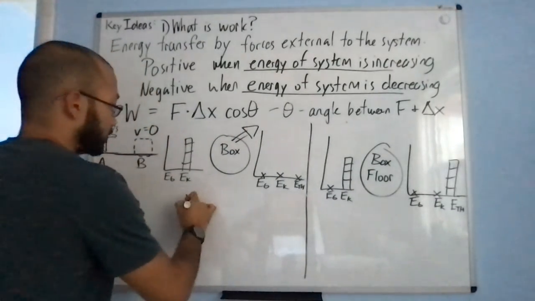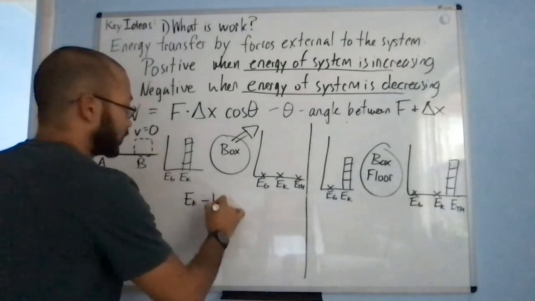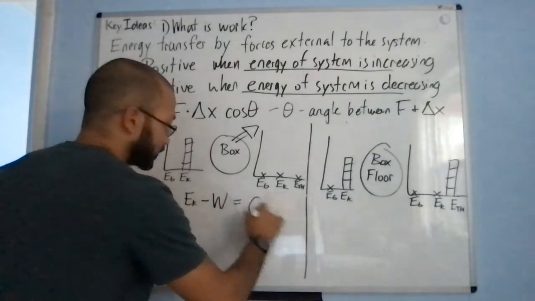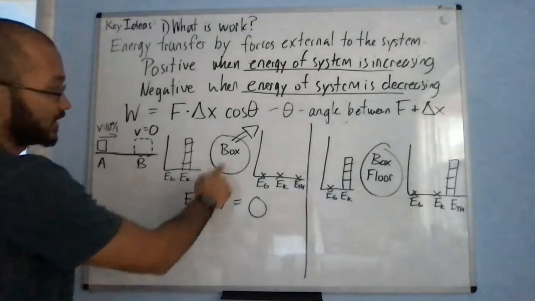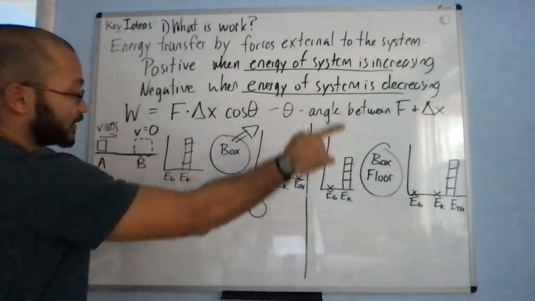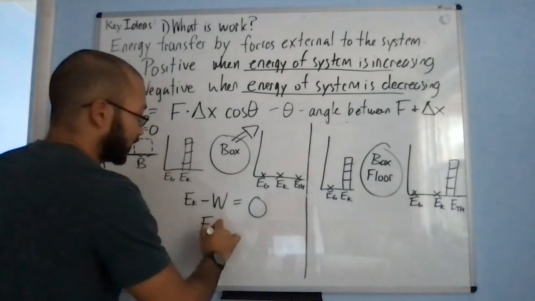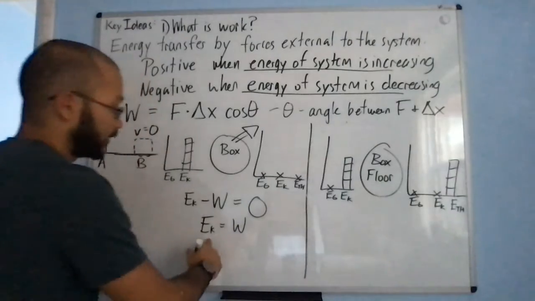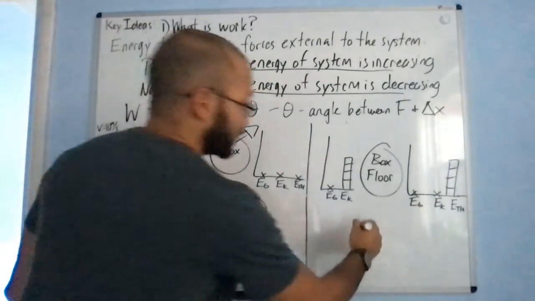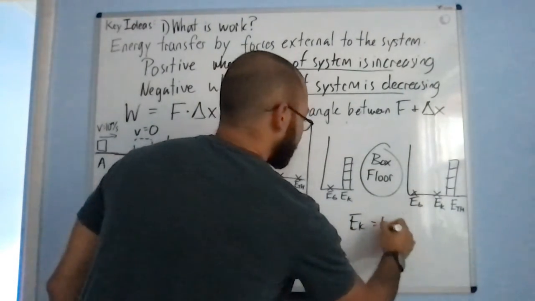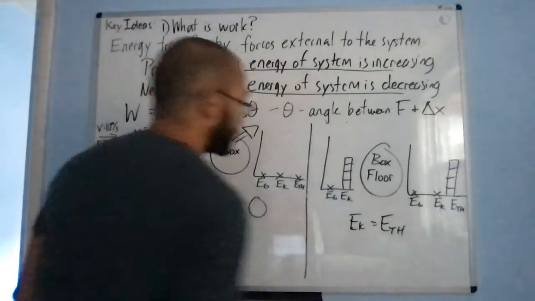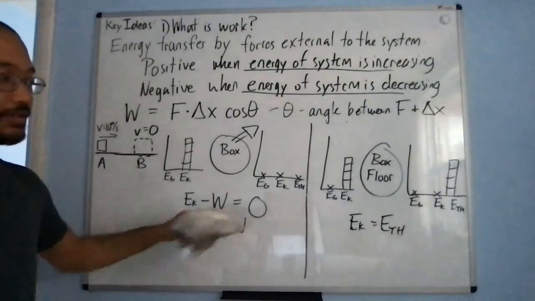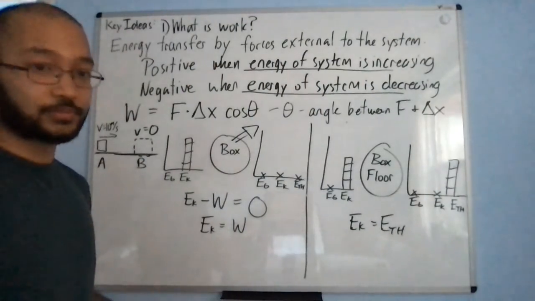My equation here would be Ek minus work done by friction is equal to 0. It's minus in this case because the energy is decreasing, it's leaving the system. I can rewrite this as the kinetic energy is equal to work, and in this case, Ek is equal to thermal. This is typically the way that textbook problems expect you to solve for it.